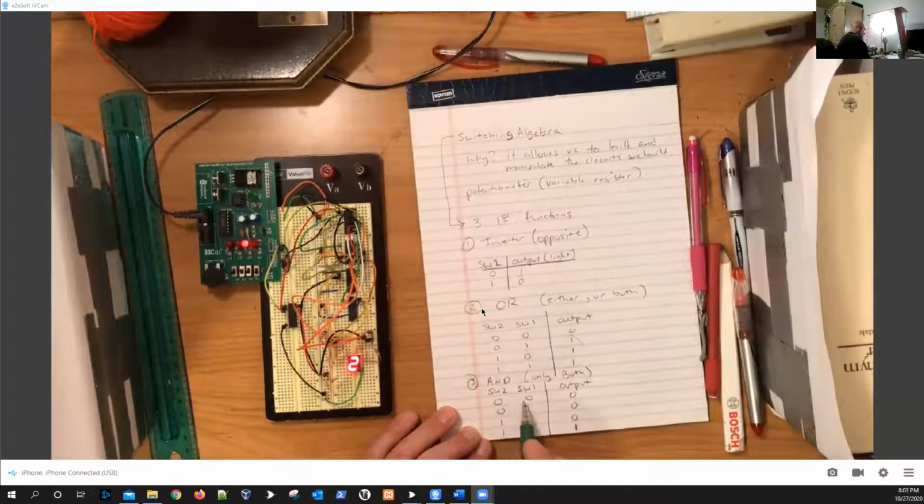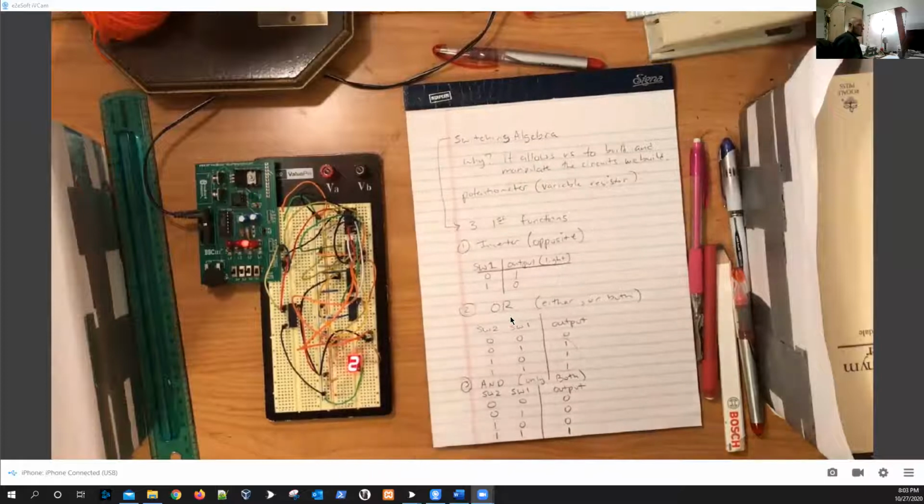If they're both off, the output is off. If either one of them is off, the output is off. It's only on when both the switches are on.